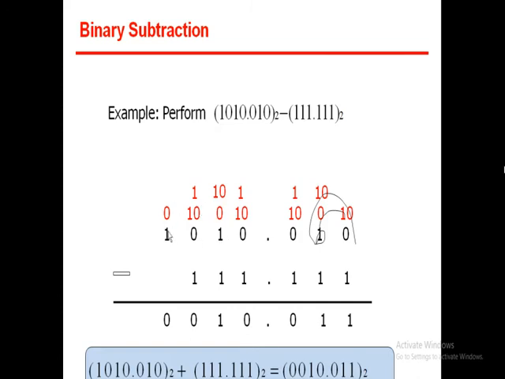Then it becomes 0. Then it moved to here. If we take 1 out of 1 from here, it becomes 10. So 10 minus 1 is 1. Then 1 minus 1 is 0. Then here it is 0. So this will be the result.